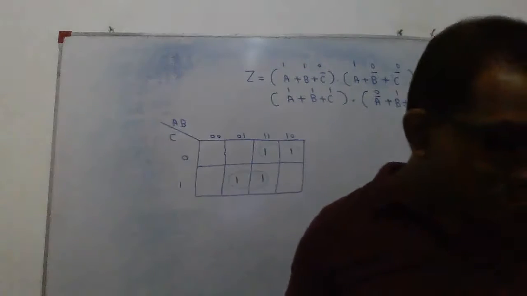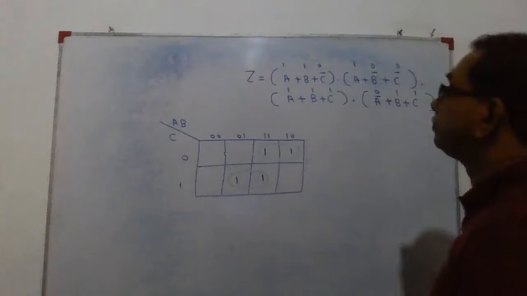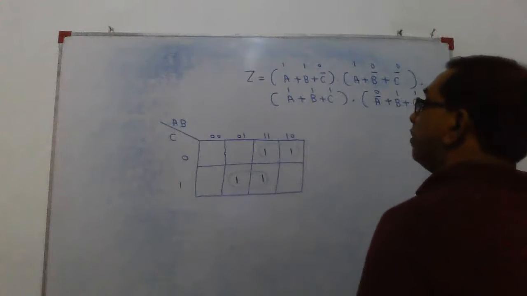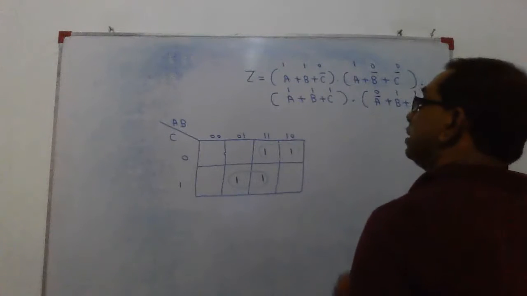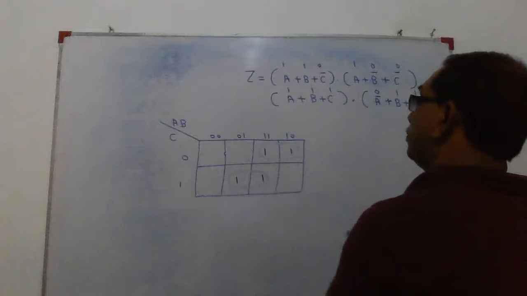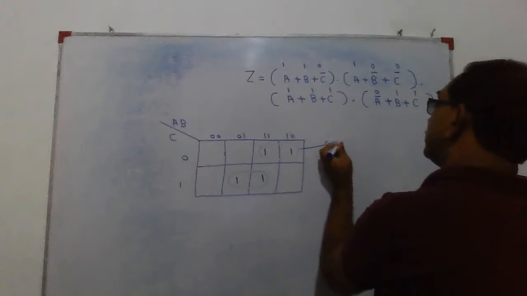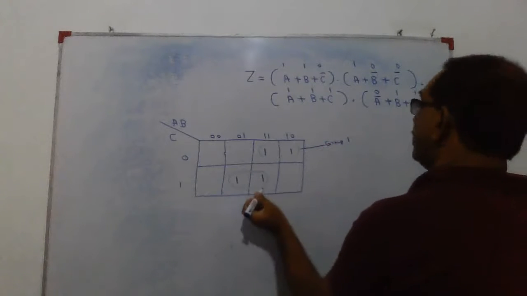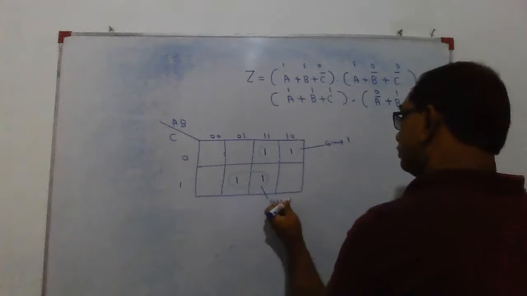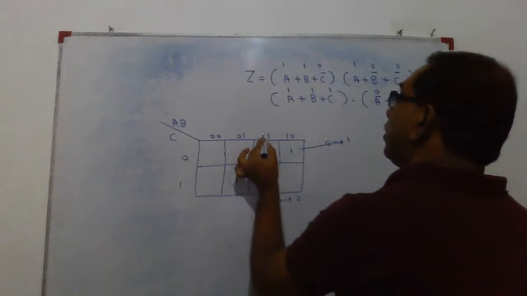So after doing these two, now you try to get common values here. What are the common values? Here we have two groups. So we take group 1, and here group 2. So I try to find out the common value.